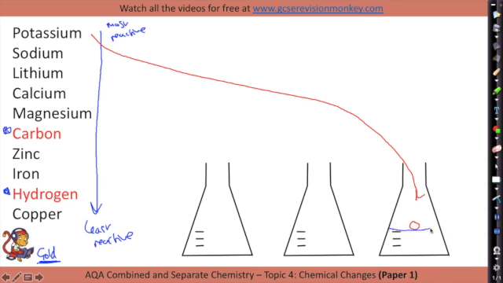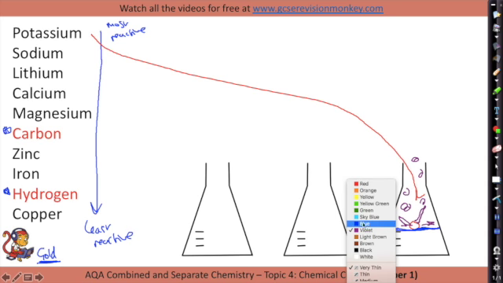In fact, potassium would float on top of the water because it's got a low density from group 1, and it would react vigorously, perhaps producing a flame as well, and fizzing around on top of the water, producing lots of hydrogen gas. That would show that that was really reactive.